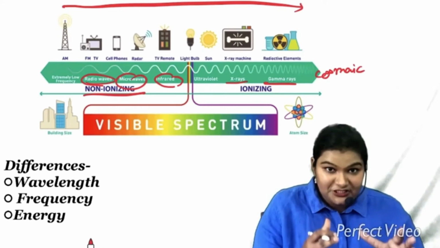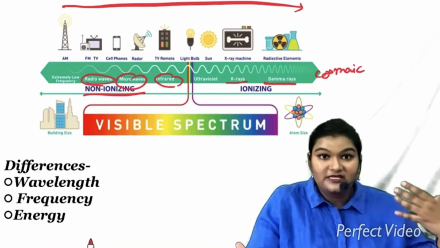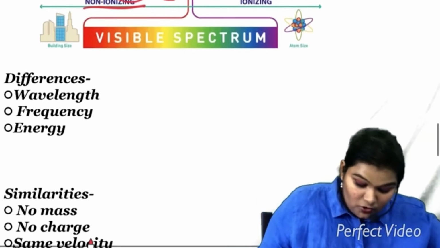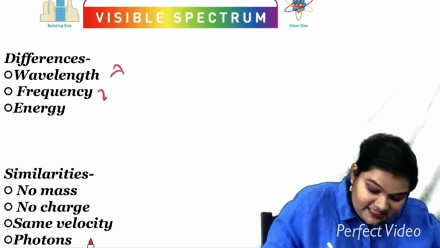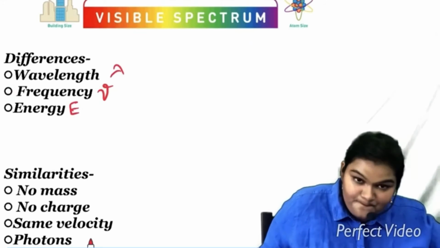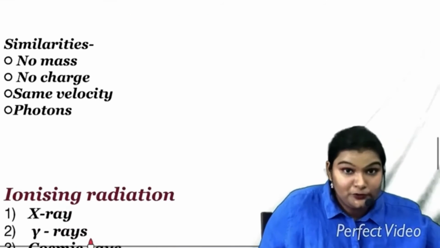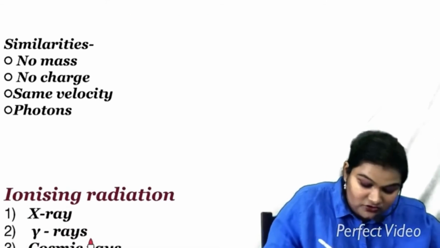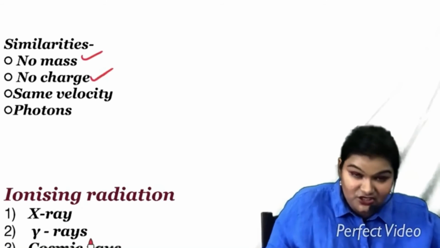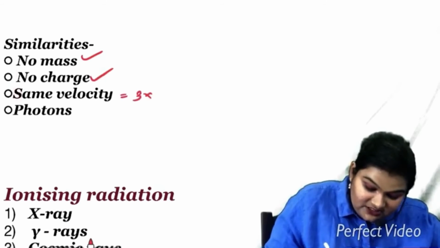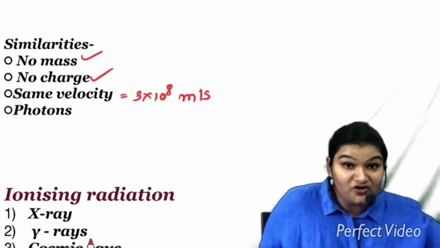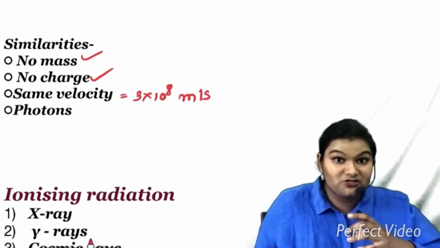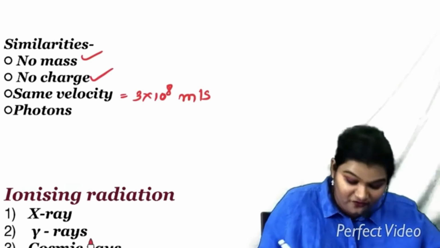So they share some similarities, and also they have differences between them. Those differences are, as we all know, lambda, that means wavelength, then frequency and the energy. They share similarities: they don't have mass, they don't have charge, they have the same velocity, that is 3 into 10 raised to the power 8 meters per second. Are you able to appreciate what this velocity is of? It is of light, right?